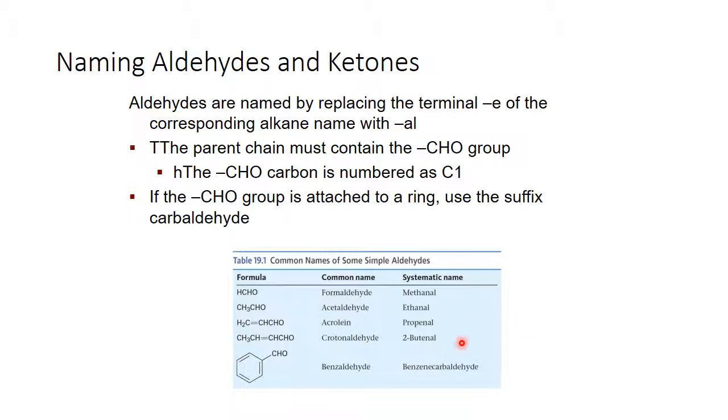If we look at the next compound, you will see there's 4, and so now they do number the ene, and you can see it's 2-butenal. Again, we do not number the aldehyde because it's always number 1.